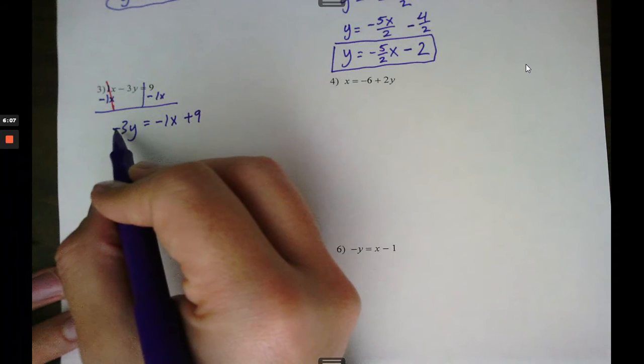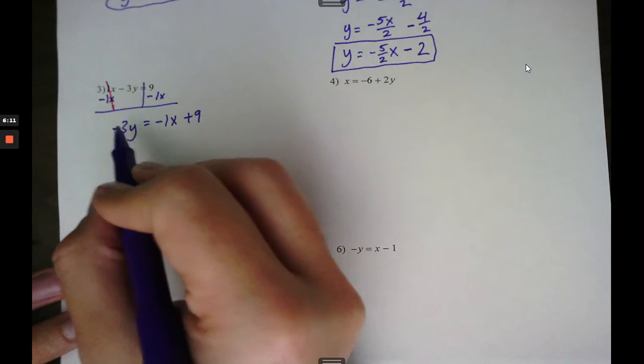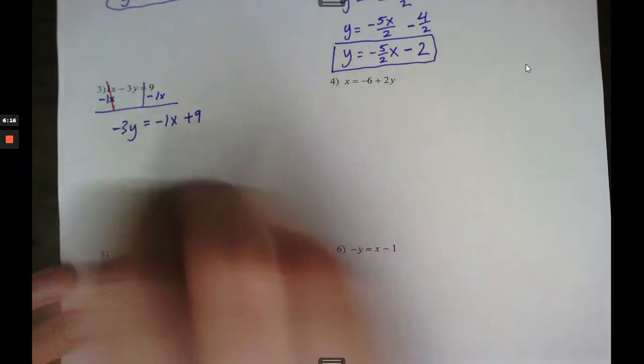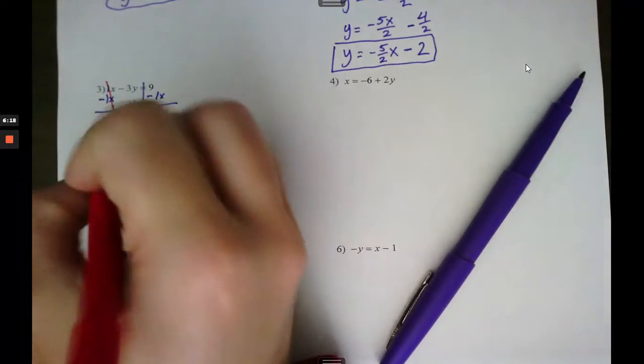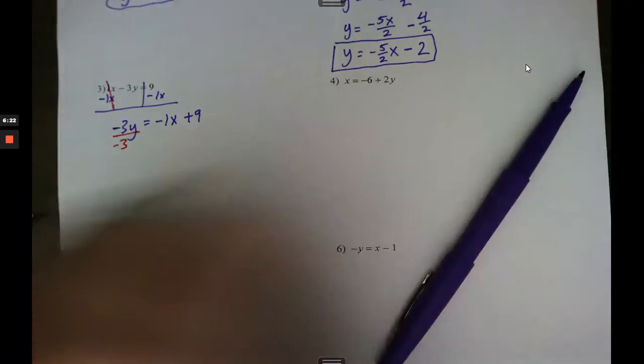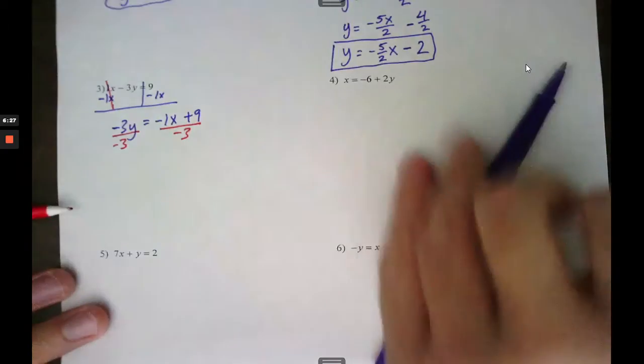Now some people see that there and they think about it as a minus and they want a plus. No, no, no. How is that negative 3 connected to y? It's connected through multiplication. So to undo multiplication, we're going to divide by negative 3. And if I do it to one side, I must do it to the other.